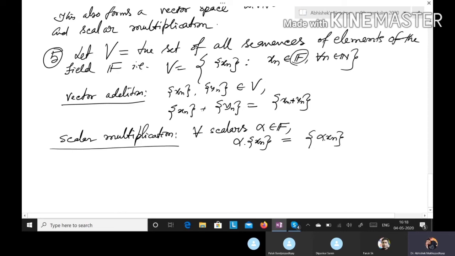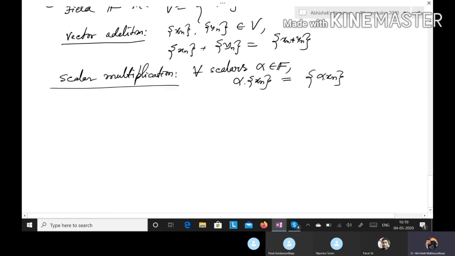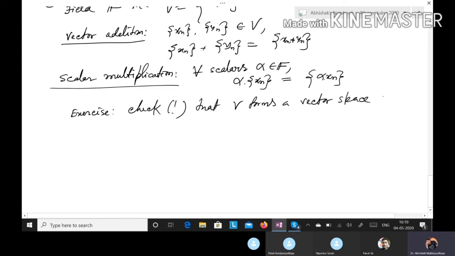Now this dot is from the field F. And with respect to this addition and multiplication, V forms a vector space over F. This is an exercise for you to check.